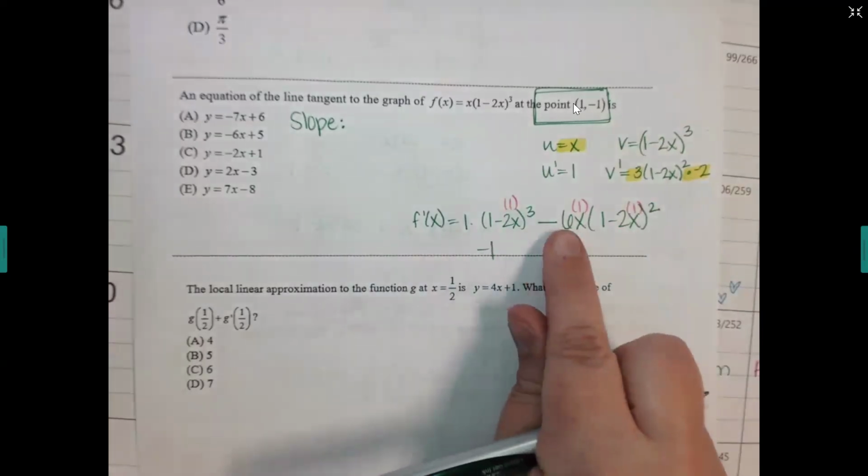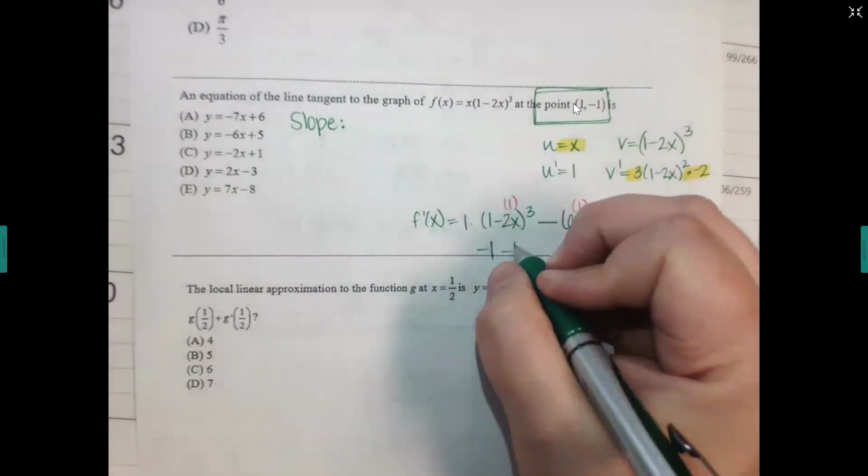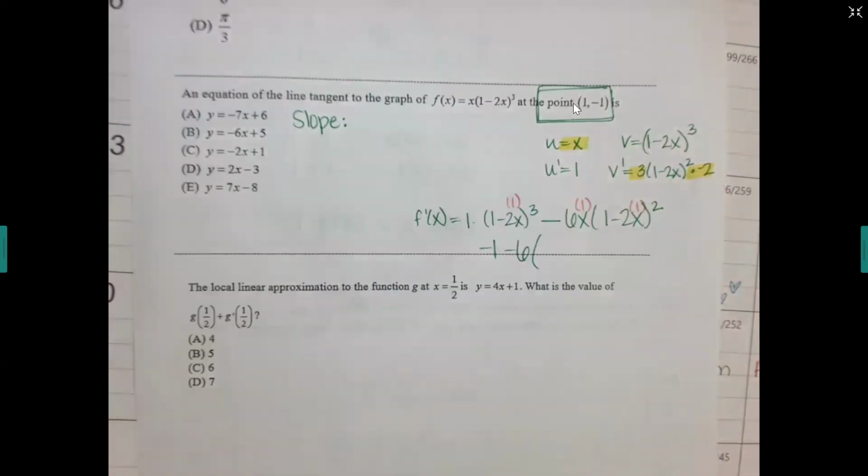Negative 6 times 1 is a minus 6. But then I have to remember, this is a -1 on the inside, because it's 1 minus 2, but I'm squaring it. So if you do a -1 and you square it, will it stay negative? No. So this is going to be just a regular 1 here.